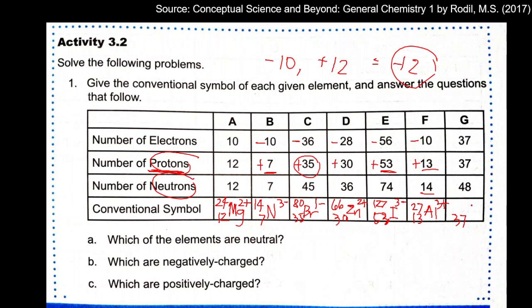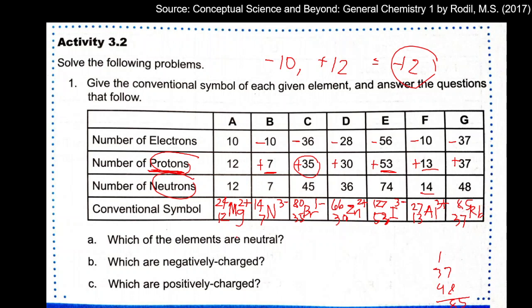That is rubidium. And the mass is 37 plus 48, that is 85. And then negative 37, positive 37. That's a neutral atom, so we don't need to put any charge here because it's neutral.